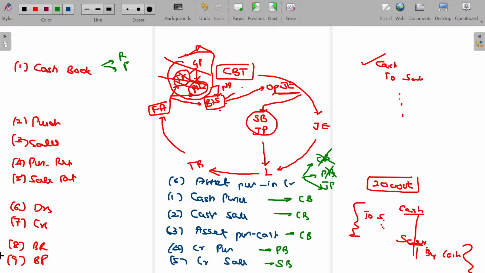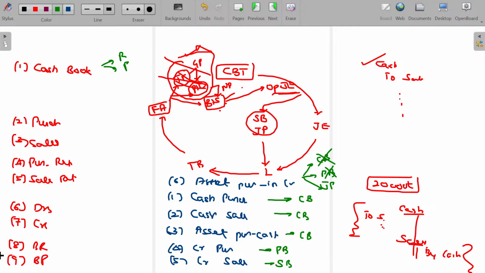You have to pass a journal entry, because what is the normal journal entry for purchasing assets in credit? The theoretical answer: asset account debit to creditors.